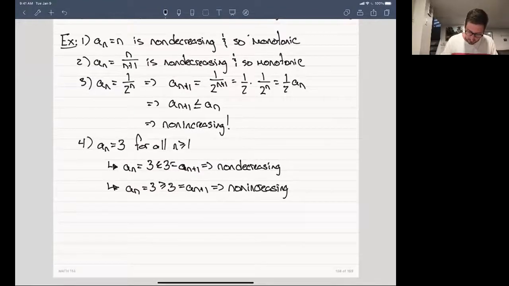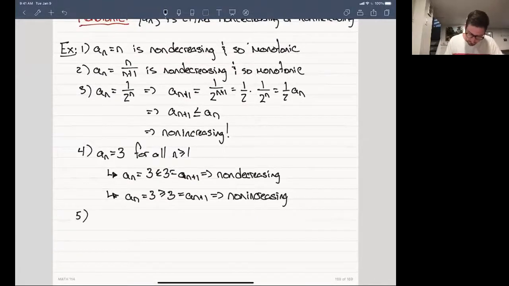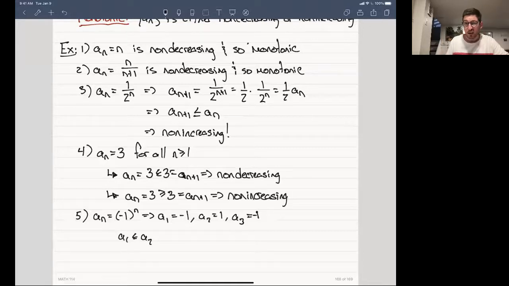All right. So then let me give you one more example. Let's do an equal to -1 to the n. So this gives me a1 is equal to -1, a2 is equal to 1, a3 is equal to -1 again. Well, you can see that a1 is less than or equal to a2. So that would get us on the path to start thinking about non-decreasing.